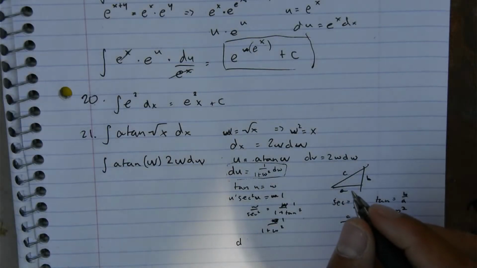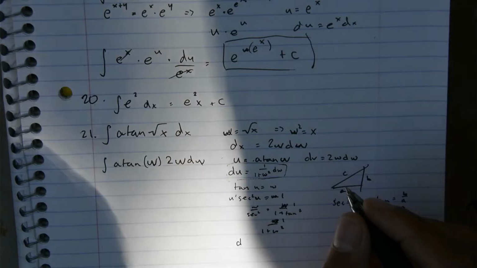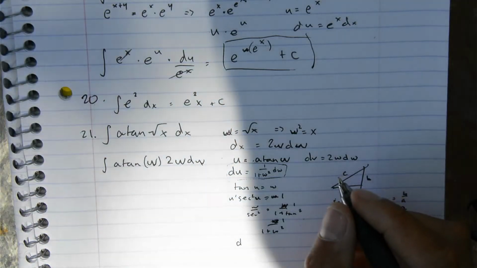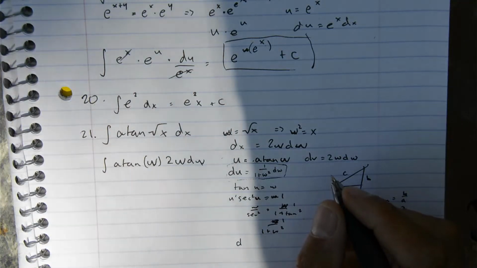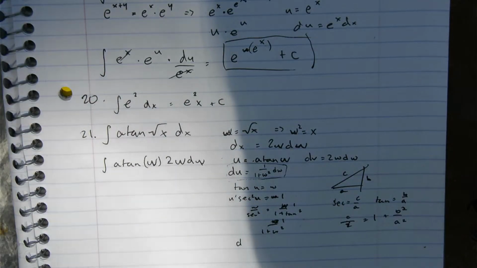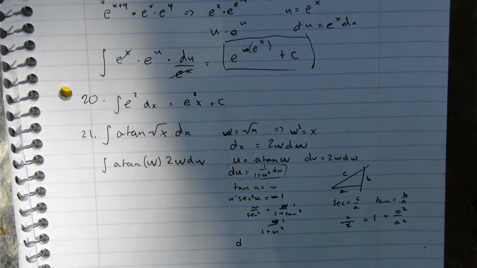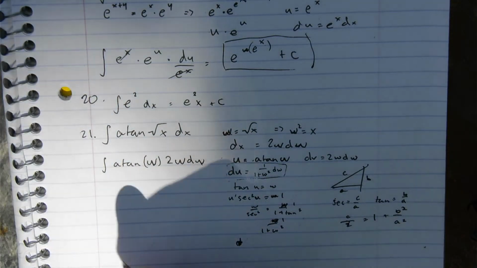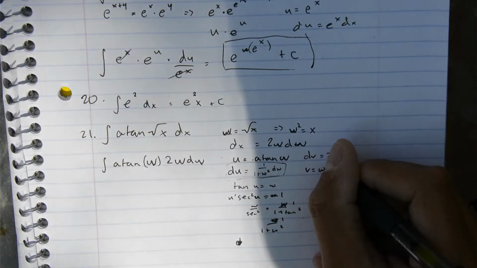But that's kind of a tricky one. What if, okay, wait, let me just write out what it would be. So we'd have, and then v would be equal to w squared.